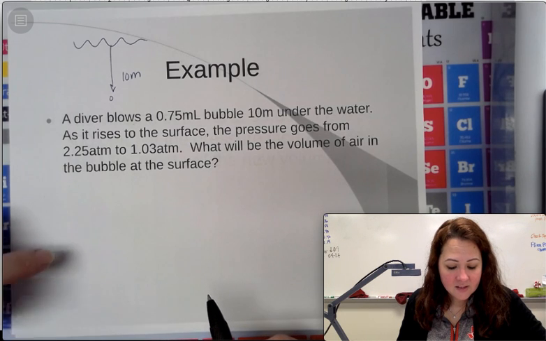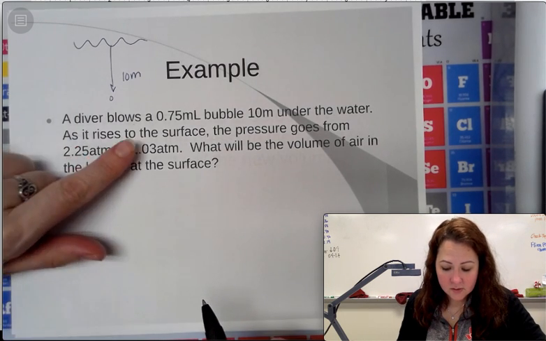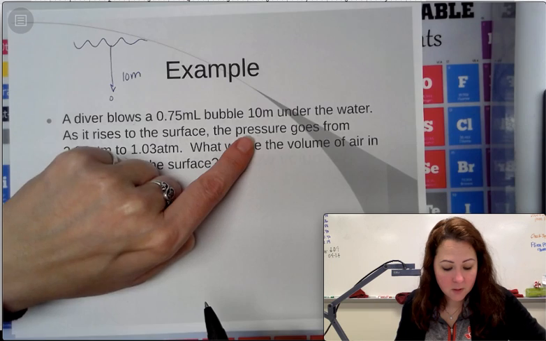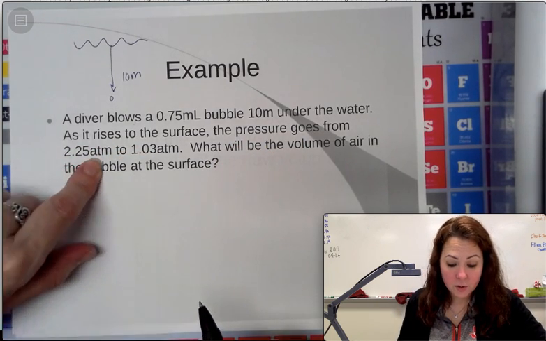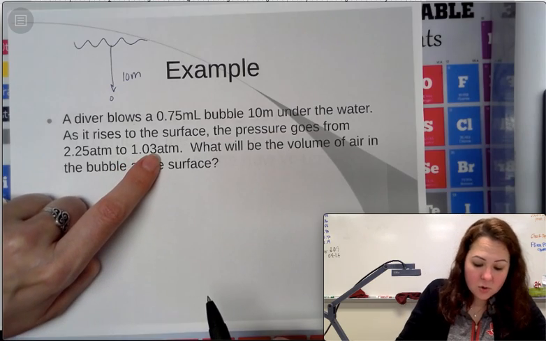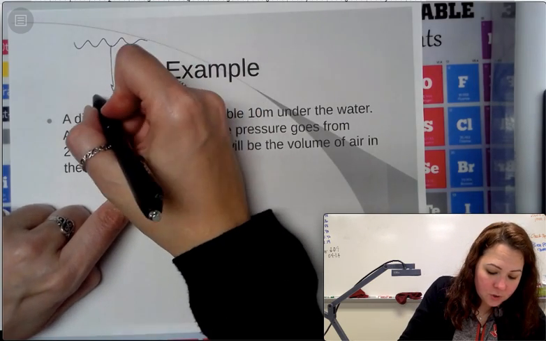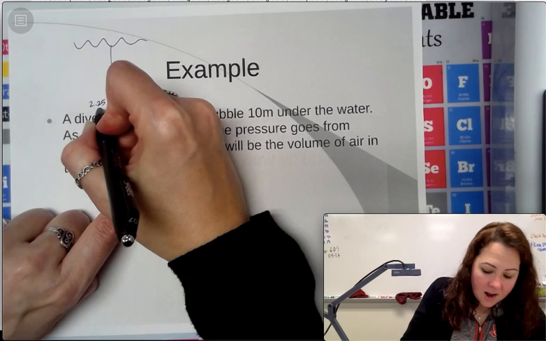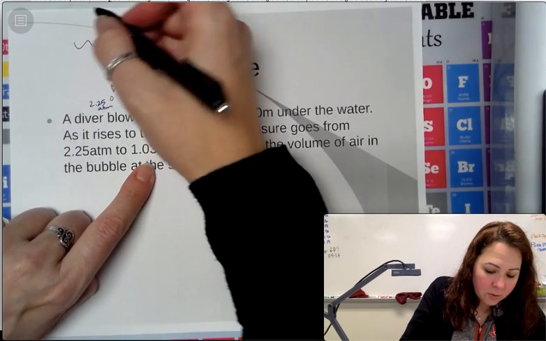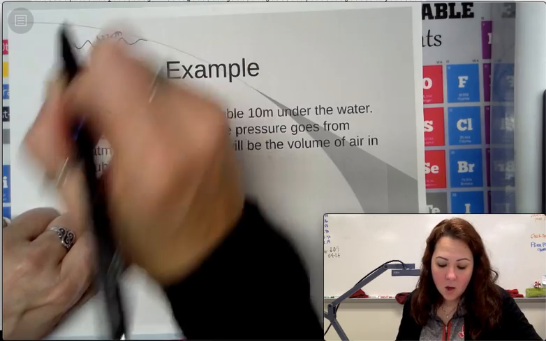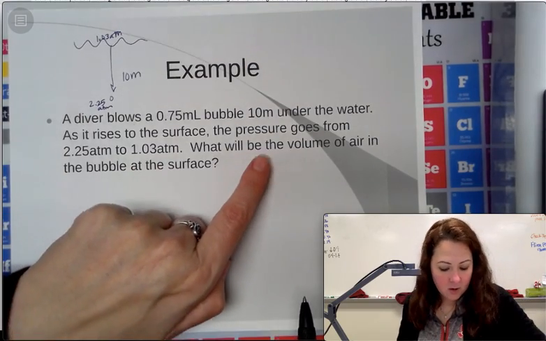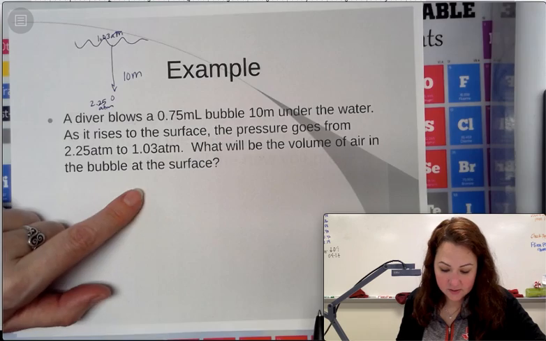It says, as the bubble rises to the surface, the pressure goes from 2.25 atm to 1.03 atm. So the pressure down here is 2.25 atm. At this surface, it's 1.03 atm. What is the volume of air in the bubble at the surface?